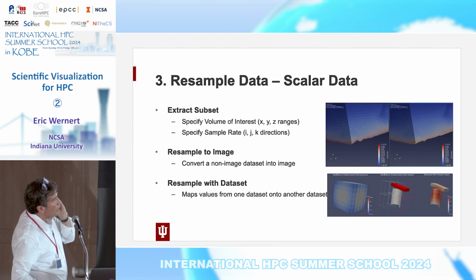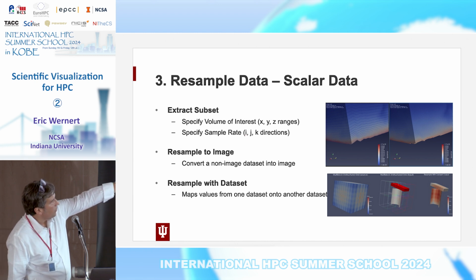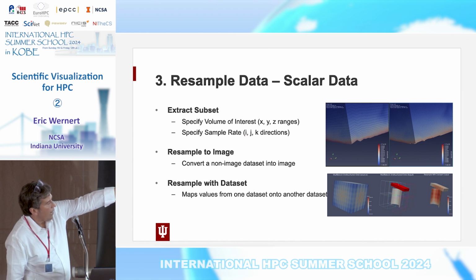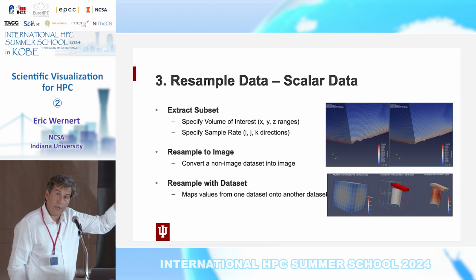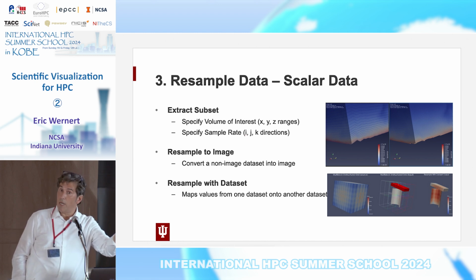You can resample data. That's our friend, the hurricane, or at least the lower corner that is clearly not regular. We can see if we resample that to an image grid, it will actually render much faster. We have to be careful because we are changing some of the underlying data.